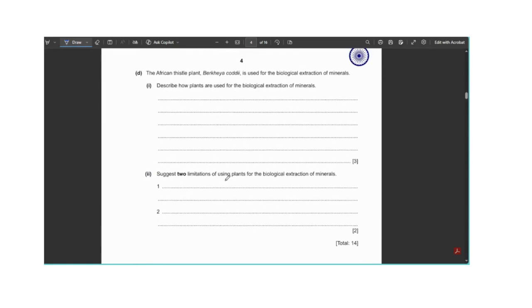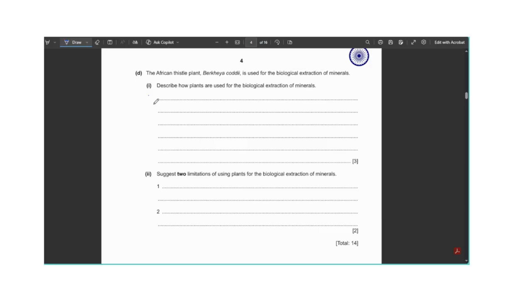Again, this is from chapter 1, rocks and minerals. The African thistle plant and Pearsonia metallifera... are used for the biological extraction of minerals. Describe how plants are used for biological extraction of minerals. Now we see this in chapter 1, but generally there is no description of this in chapter 1.